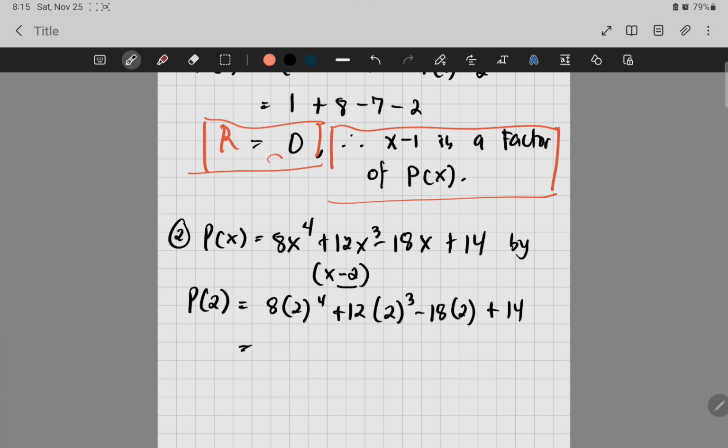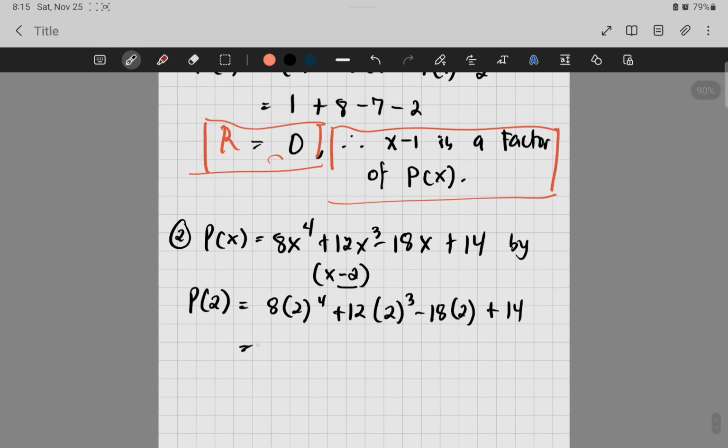And 16 times 8, that is 128. 2 raised to 3, that is 8 times 12, that is 96. Minus, negative 18 times 2 is negative 36 plus 14.